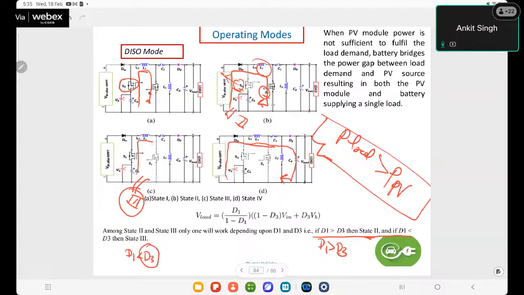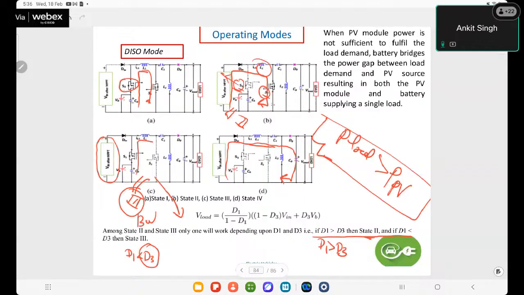So in this particular situation, we have to remember PV may not come into the picture, because here one assumption is there. If you want to understand its detailed operations, see the paper.